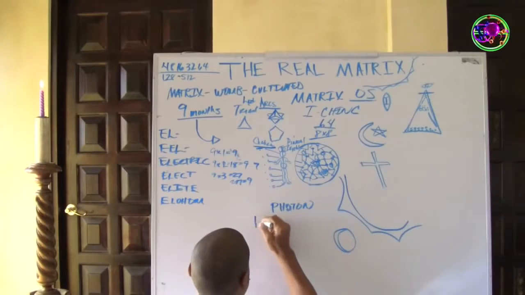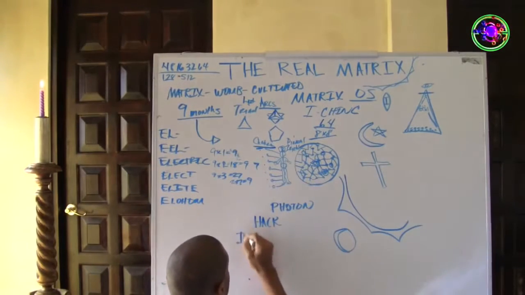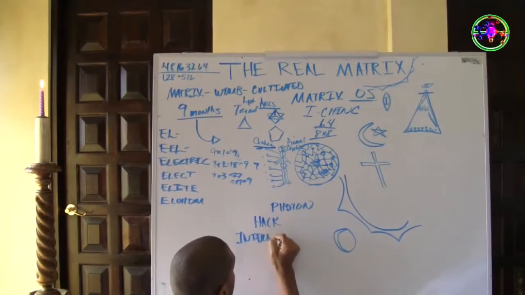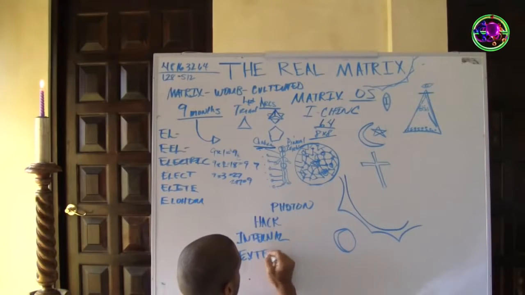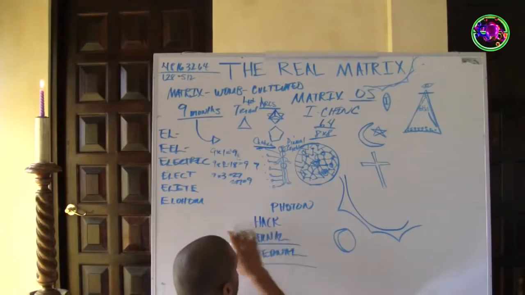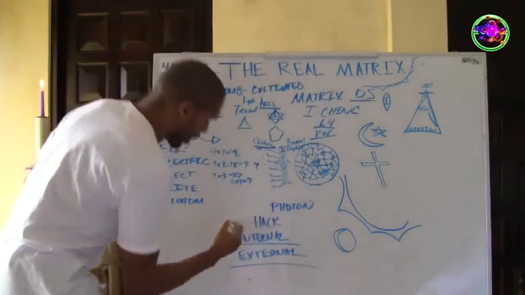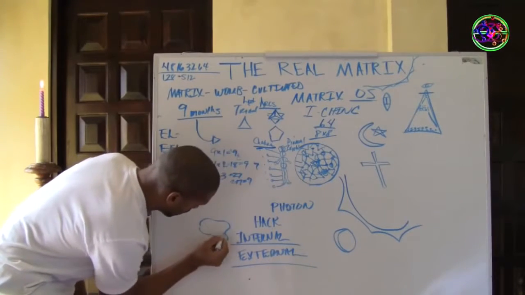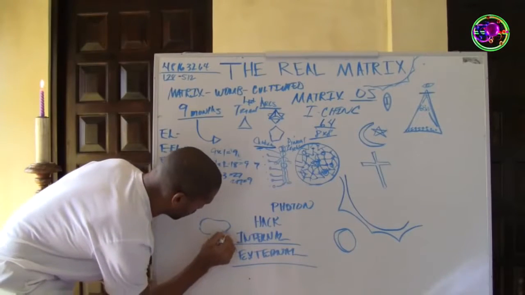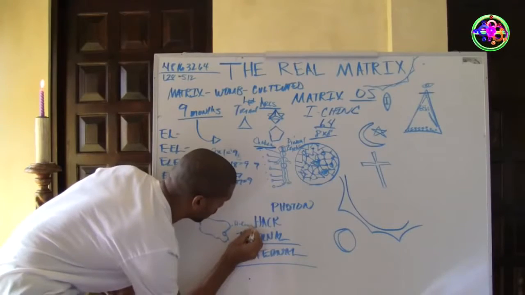The hack that's already been done to this dimension was internal and external to the species that exists here called human. How this was done is internally, you have an R complex in the brain. R complex. This is the reptilian portion of the brain.